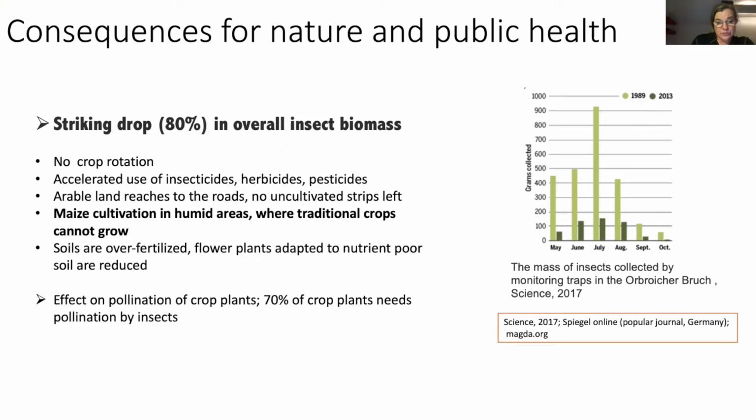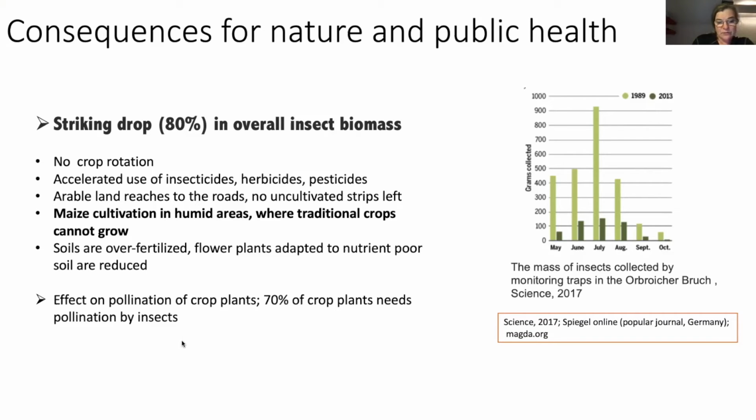They actually use more land than they would use for vegetables. This has something to do with regulations. You can cultivate the maize in humid areas where traditional crops cannot grow, and they over-fertilize the soil, as maize can take a lot more fertilizer than other plants.